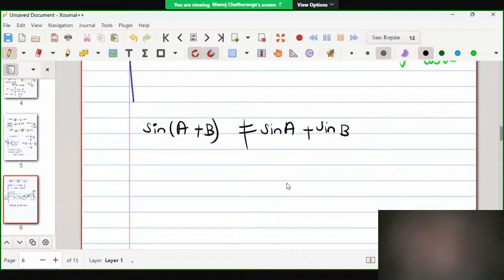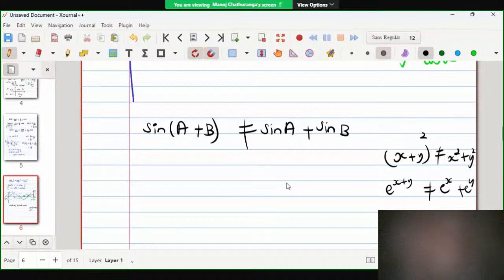Functions usually do not work in this fashion. We know x plus y square, the square function does not work in this way. Or e to the x plus y is completely different from e to the x plus e to the y. Functions usually do not work in this fashion.